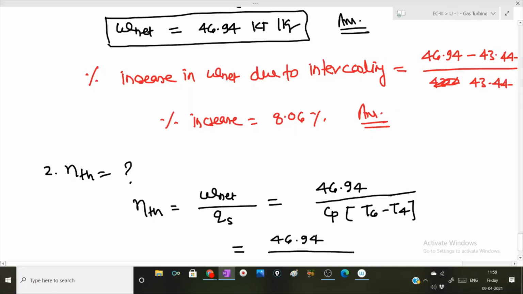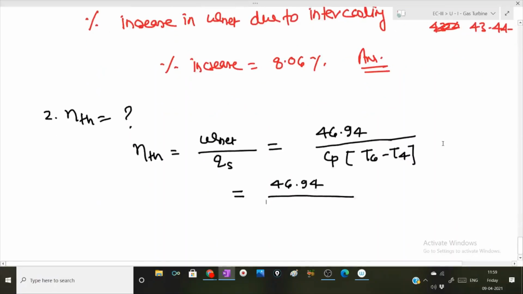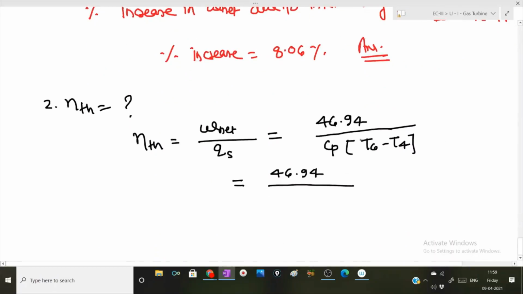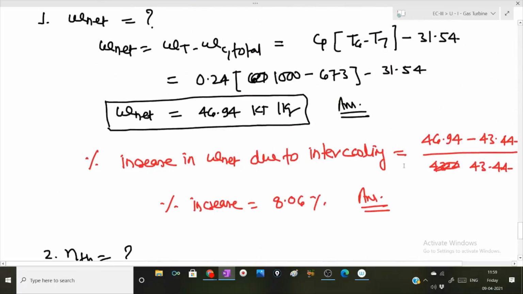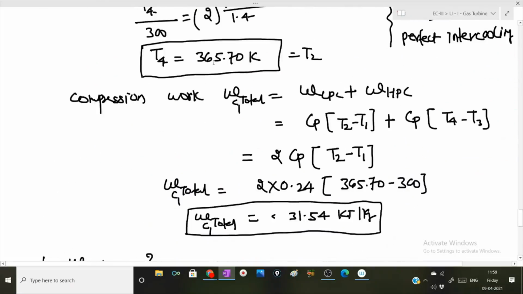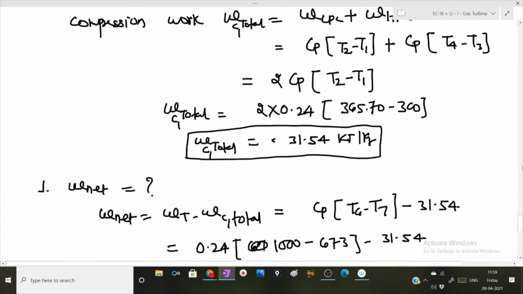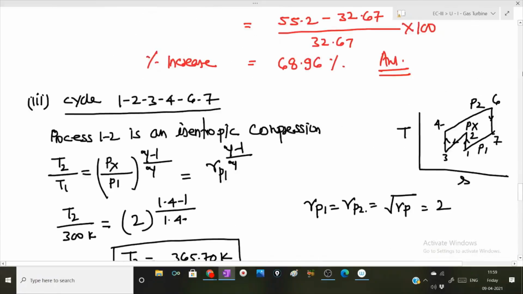Cp is 0.24, 1000 minus 365.70. The value of T4 I have got 365.70. What will be the heat supplied?